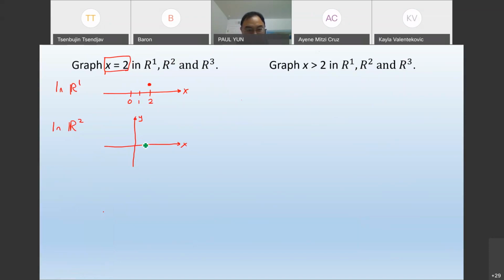Now make the table. X equals 2. When y equals 1, what's x? 2. When y equals 2, what's x? 2.